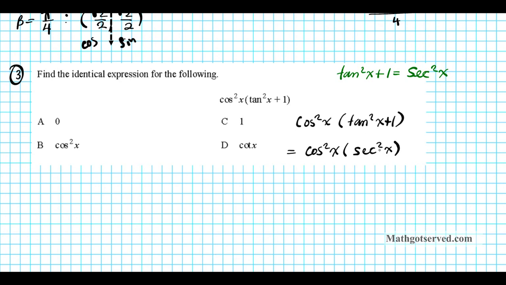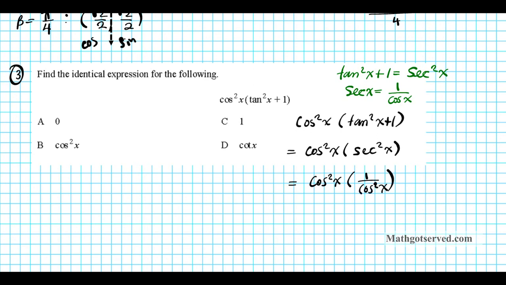If I apply the reciprocal identity to secant, what do I get? You recall that secant x is equal to 1 over cosine x. So if I square this, I'll just simply square 1, which is 1, and then I'll square the cosine also. The original identity is secant x is equal to 1 over cosine x. So if I apply that here, this will become cosine square x times 1 over cosine square x.